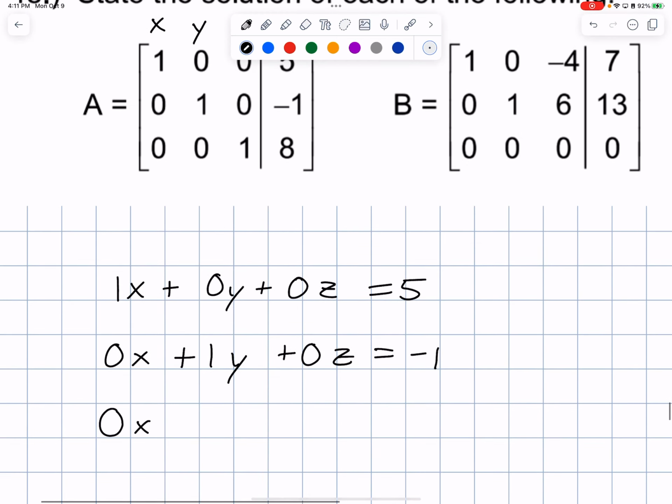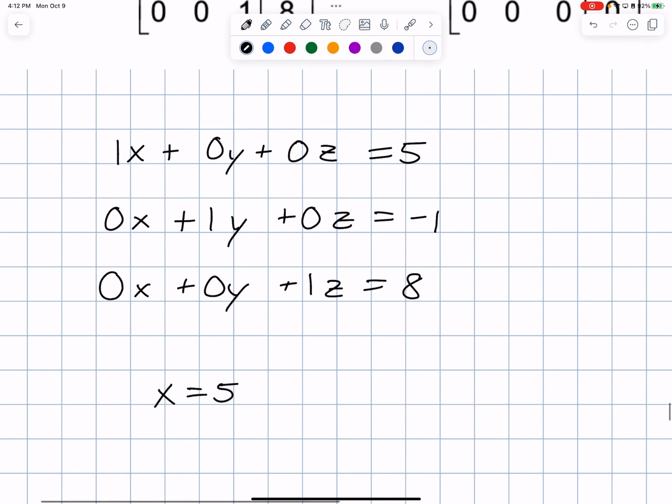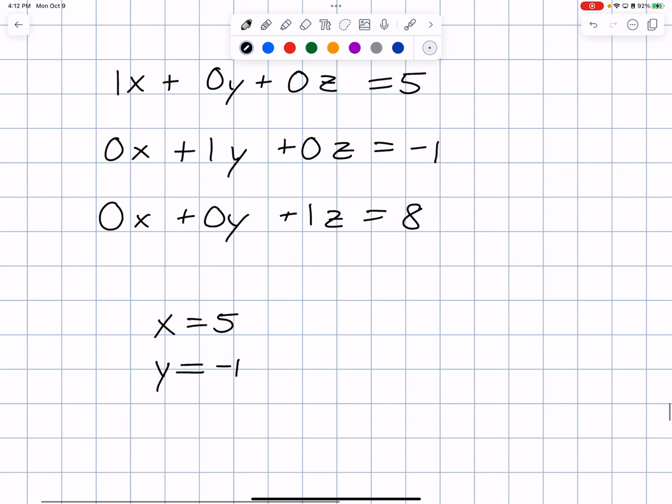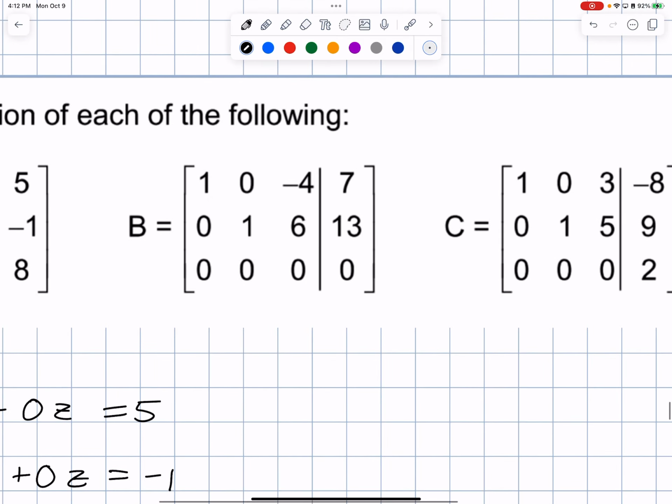The third row says 0x plus 0y plus 1z equals 8. In other words, x equals 5, y equals -1, z equals 8. Does that make sense? Y'all see how I got that from this? Great.